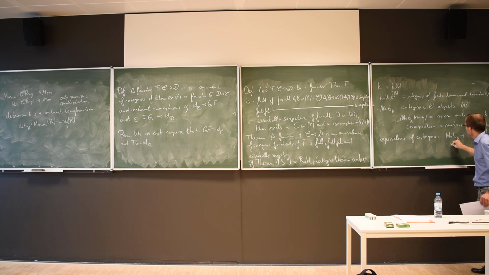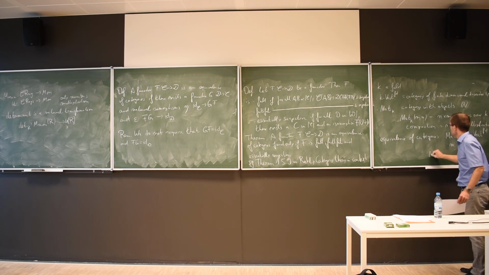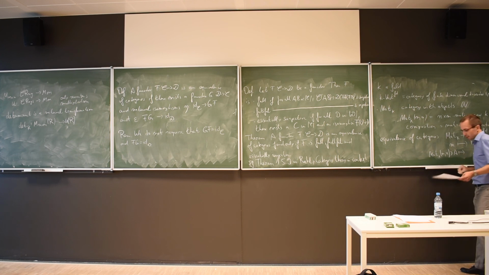Well, it's defined on objects by sending a natural number M to the standard K vector space of dimension M, K to the M, and when we have an N times M matrix over K that's denoted by A, we send it to the linear map that is given by multiplication with this matrix. And I claim that this is an equivalence of categories. In some sense, this is one of the main results of a linear algebra course.